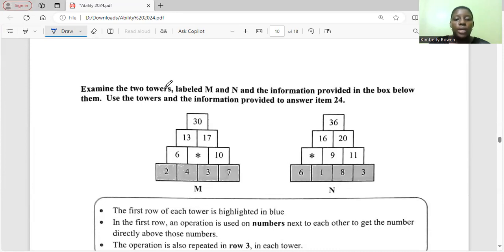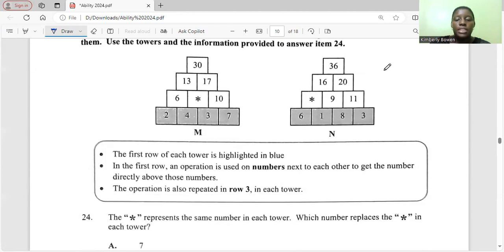Examine the two towers labeled M and N, and the information provided in the box below. Use the towers and the information to answer item 24. So we're seeing the towers here. The first row of each tower is highlighted in blue right here.